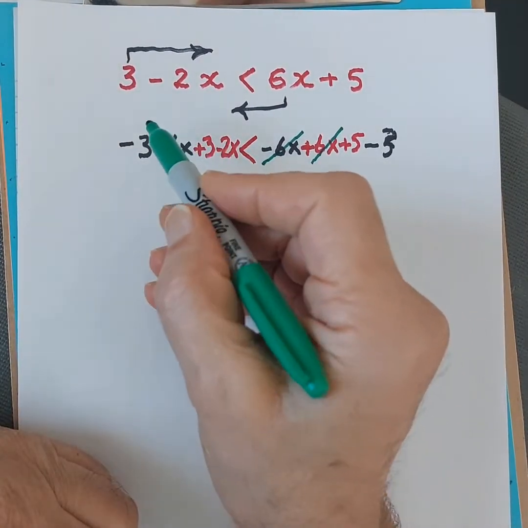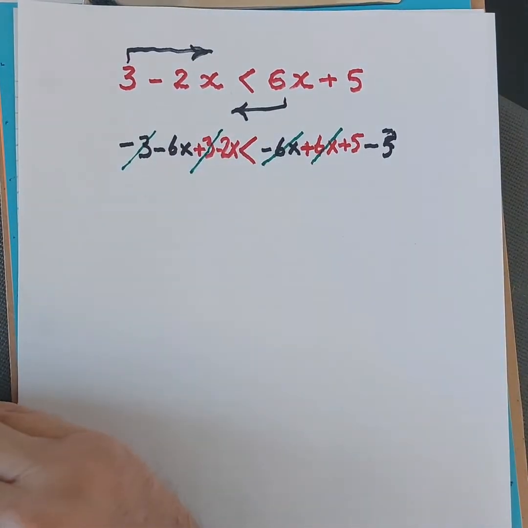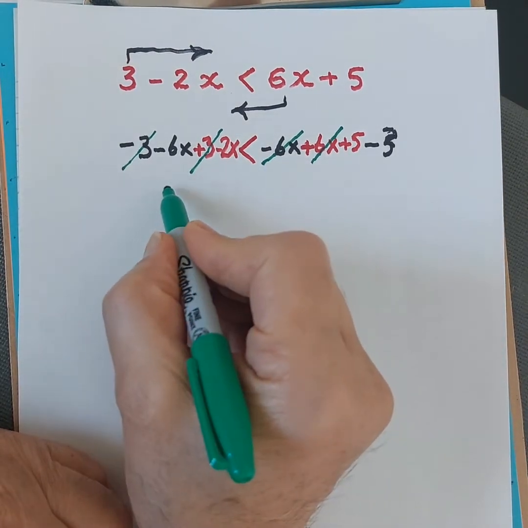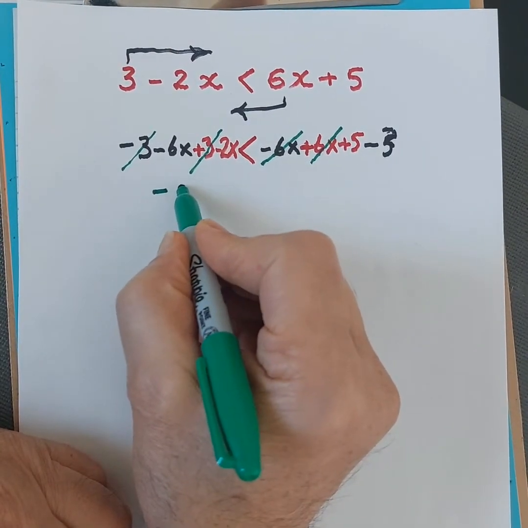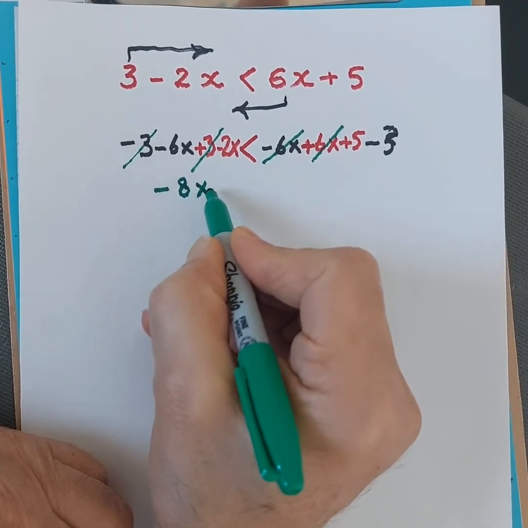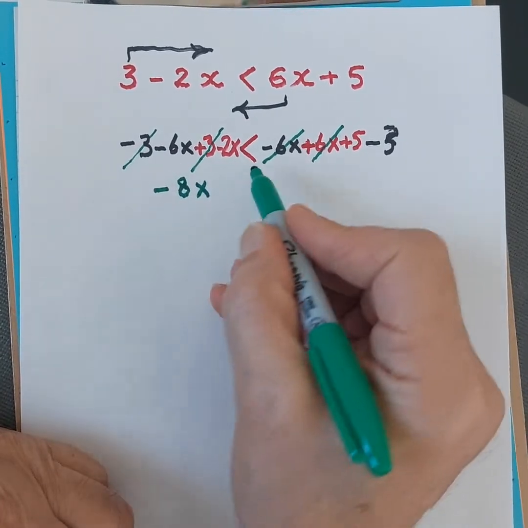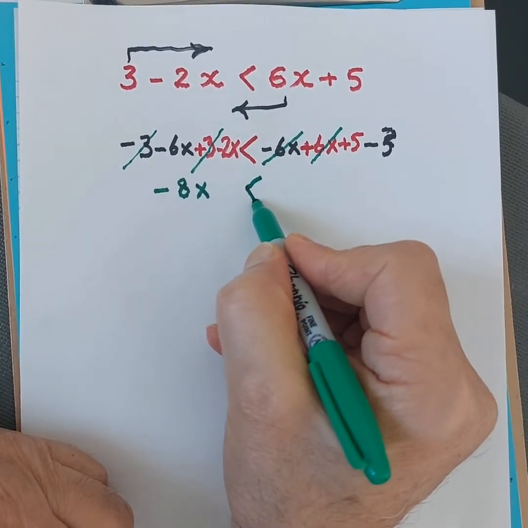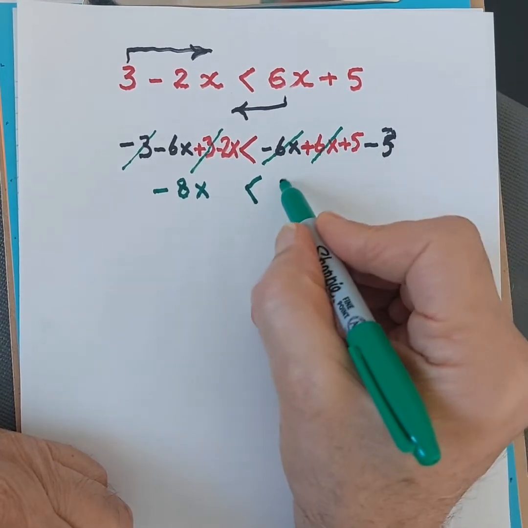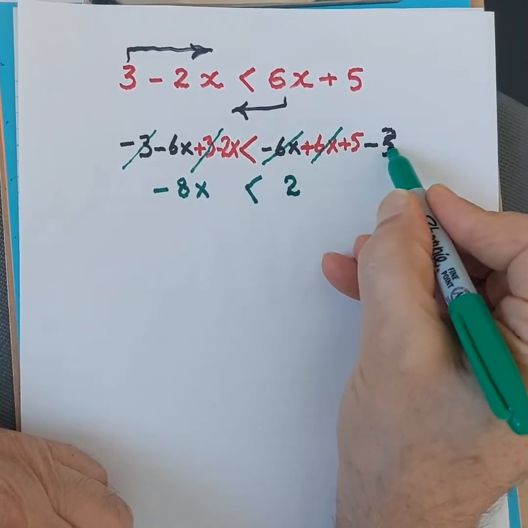Also, we can cancel negative 3 with positive 3. And we got minus 8x on this side of the inequality, because it's the result of those. And we got here plus 2, the result of those.